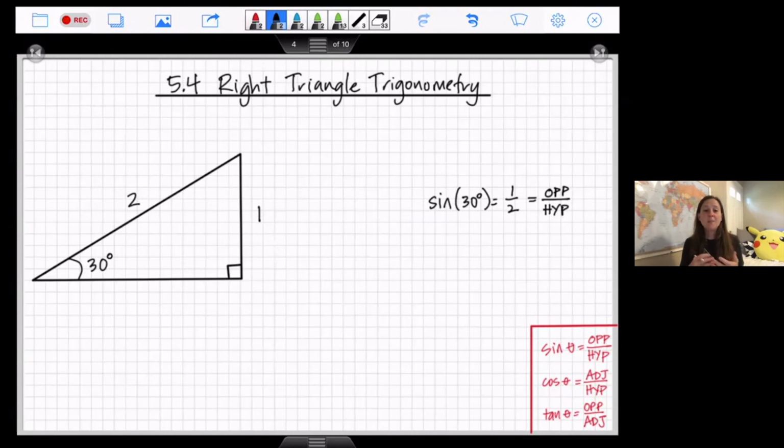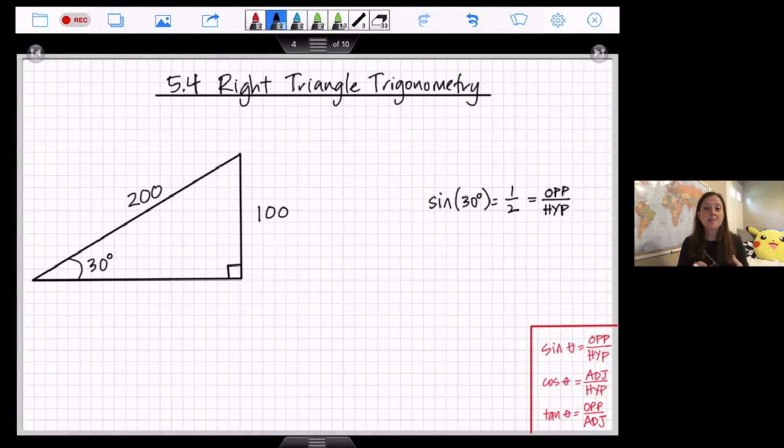That means that this opposite side has to be half as long as the hypotenuse. So this could be a triangle with a 10 and a 20, or 100 and a 200. As long as the hypotenuse is twice the length of the opposite side, then you're going to get sine 30 equals 1/2.